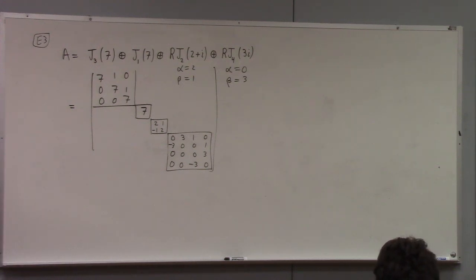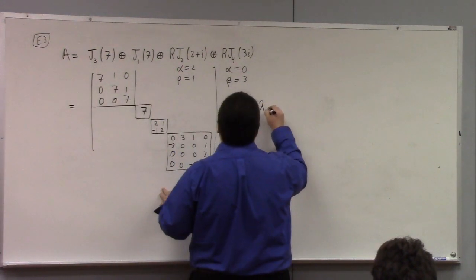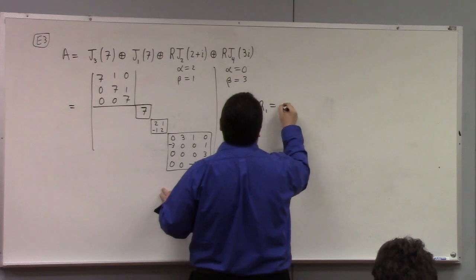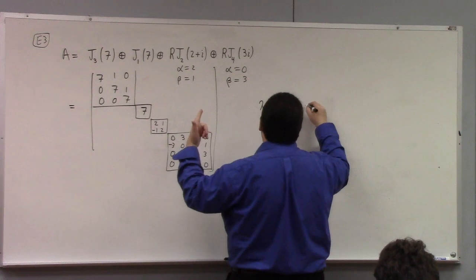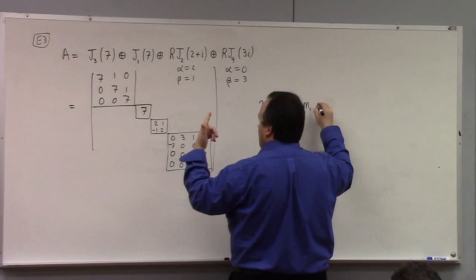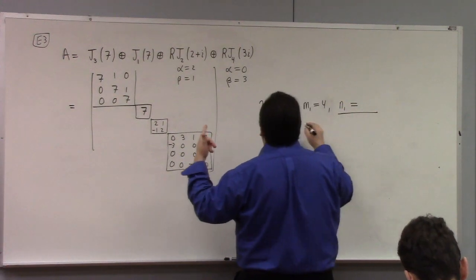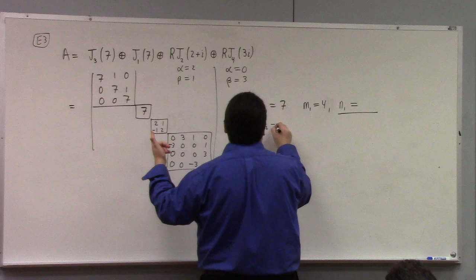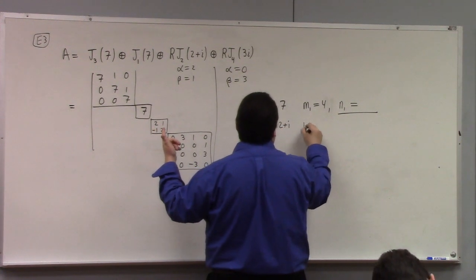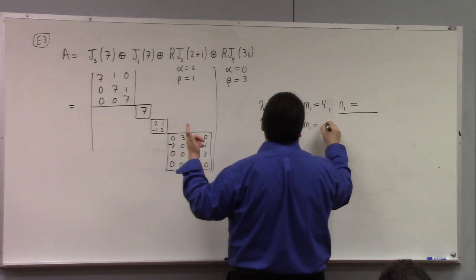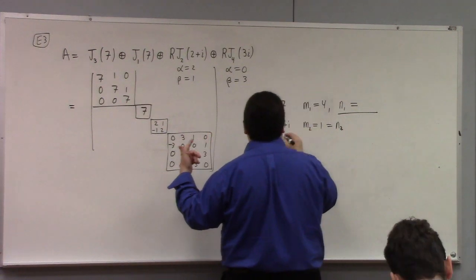Now, from this, I can tell you what the eigenvalues are. This has eigenvalue lambda 1 equals 7. I used M for algebraic multiplicity, right? M1 is 4, but N1 is what? And then lambda 2 is 2 plus i. You've got M2 equal to 1 equals N2, although that's complex dimension.